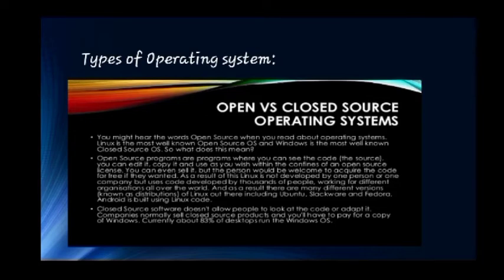Types of operating system: there are two types of operating system: open versus closed. Linux is the open source operating system, and Windows is the most well known closed operating system.